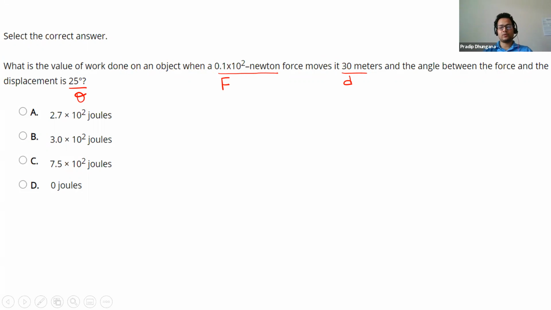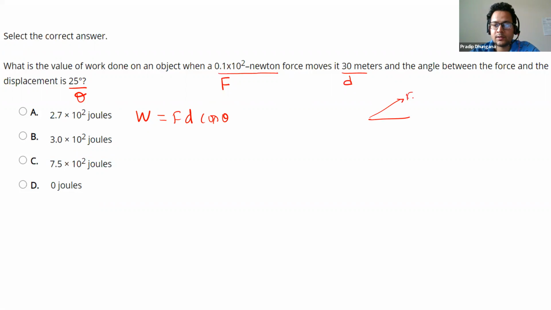So we have force, displacement, and angle theta, and we have to calculate the value of work done. Work done is the same formula: force times displacement times cosine of the angle between force and displacement.